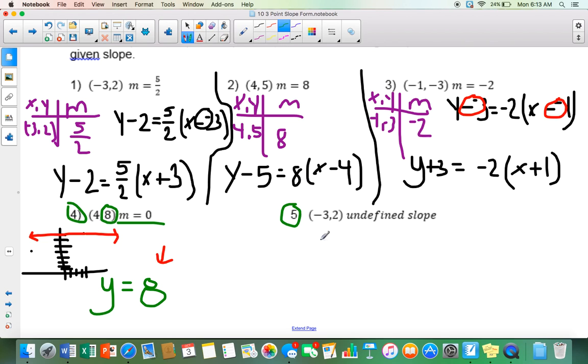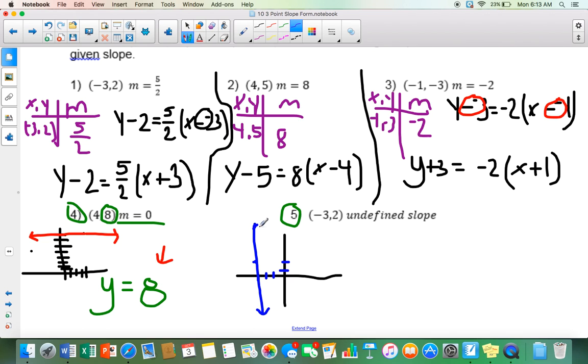Now, this is the same thing for number 5. Bells and whistles should be going off in our head because if we look at this, I'm going to draw another x and y axis, and I'm going to put negative 1, 2, 3, 1, 2. So there's my point, right? Now, if it's an undefined slope, I know it's a vertical line.